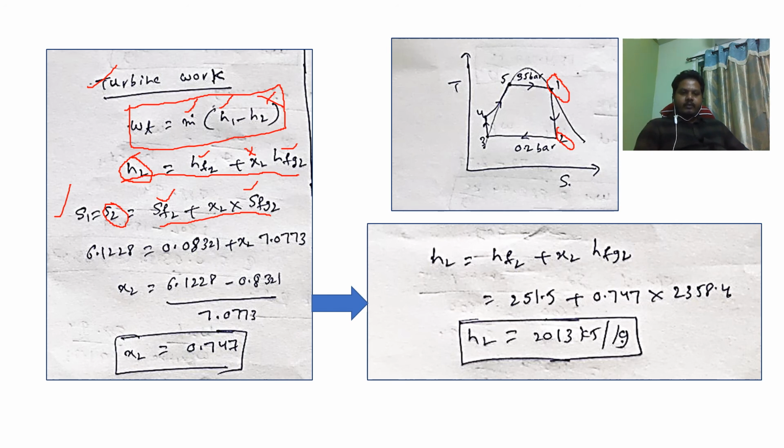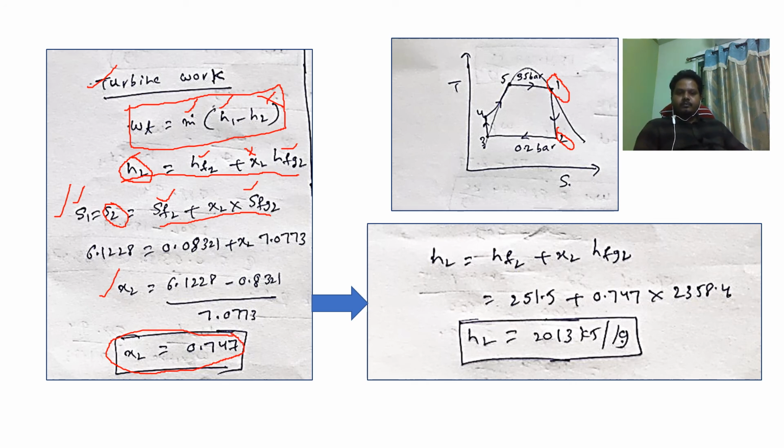Here we know the value of s1, which we have taken from the steam table. Once we substitute all the values, we can find the x2 value, the dryness fraction at point 2, that is 0.747.